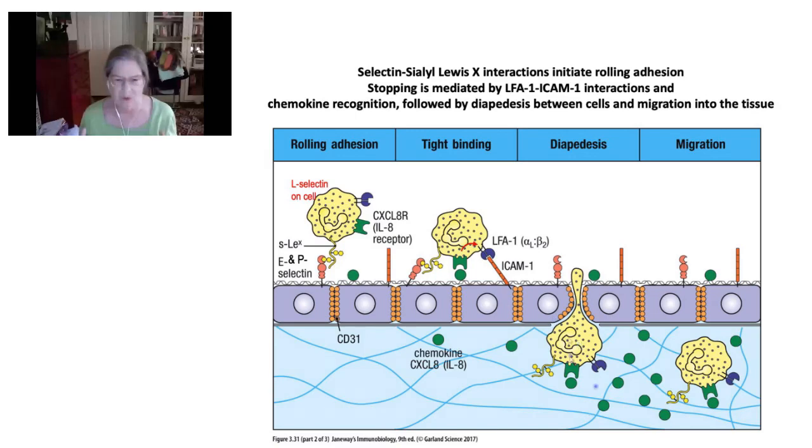So it's going to be walking up this gradient into the tissue. Okay, so that's rolling adhesion, tight binding via the integrin because of the chemokine, and then what they call diapedesis, or again, you can call it chemotaxis, and migration into the tissue.